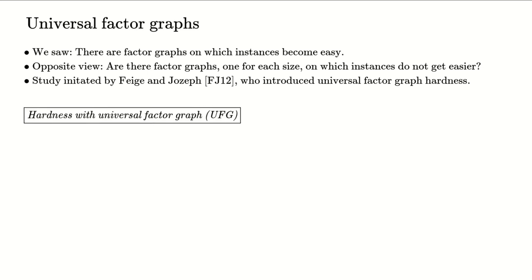Let us now give a definition of universal factor graph hardness for Max-3-Lin over G. We remark that the definition can be made for a much more general family of problems.